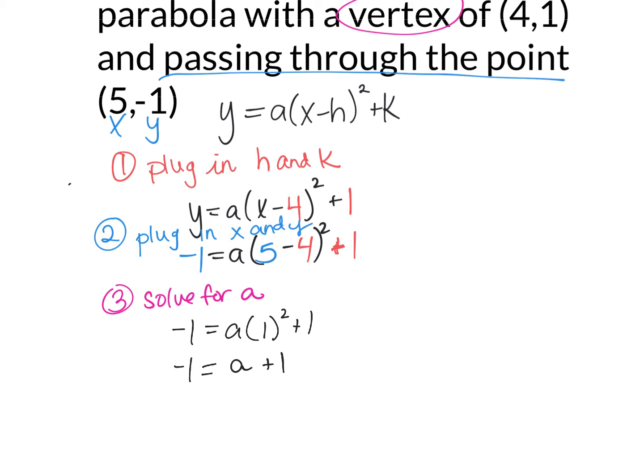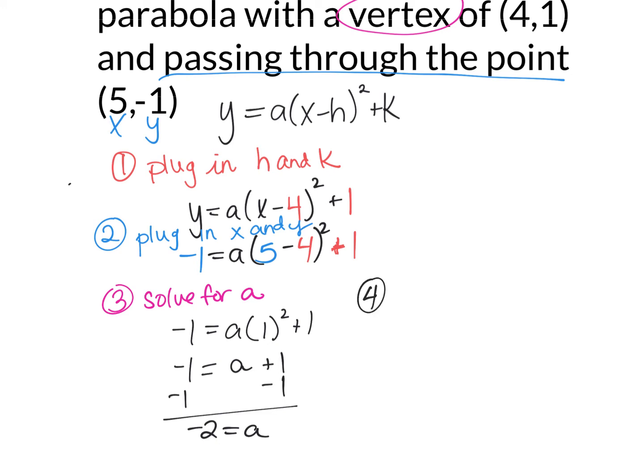Right? A times 1 is 1a. We don't write the 1. I can subtract 2 from both sides. Oops, sorry. That's my answer. When I subtract 1 from both sides, I get -2 = a.